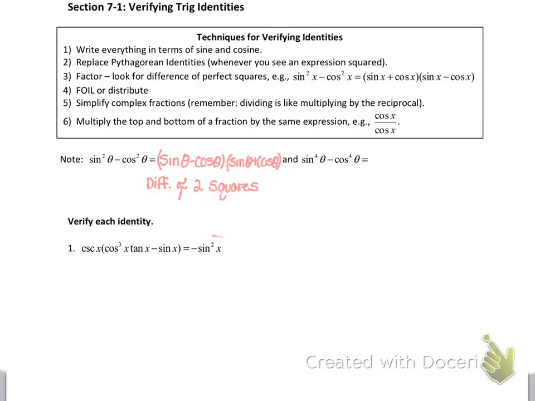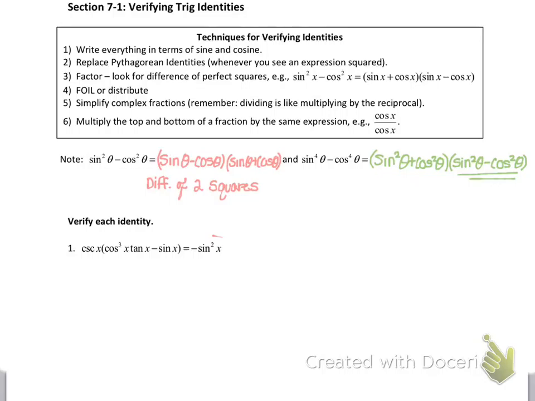So now when we have it to the fourth power, we can do a similar method, but when we do this, we're going to now have sine squared theta plus cosine squared theta times sine squared theta minus cosine squared theta. So what we can do is factor it one more time, because this part right here is the part we just did.